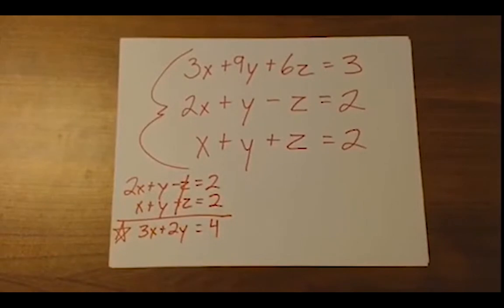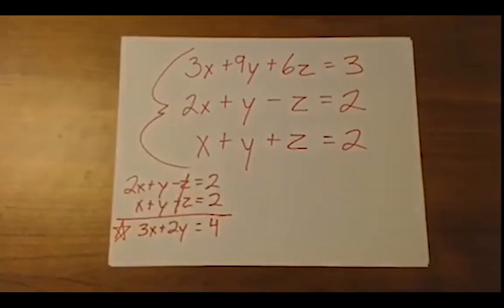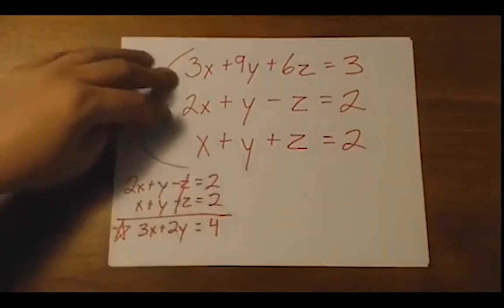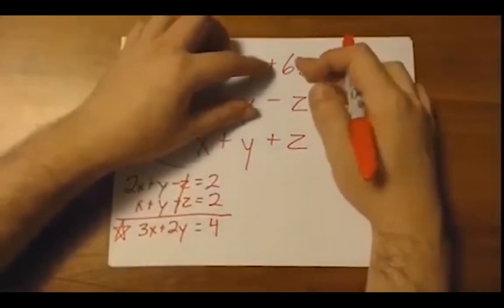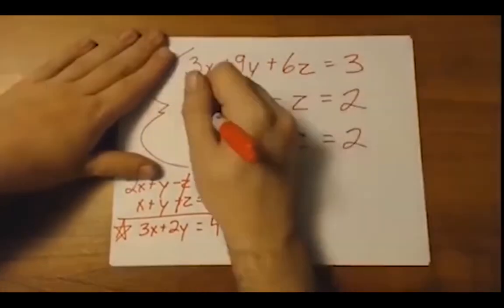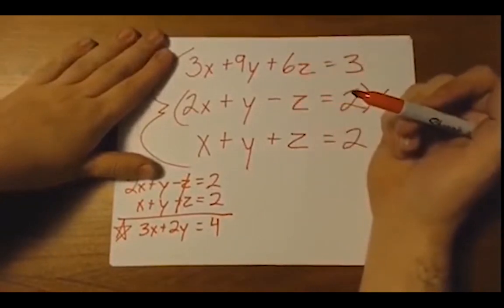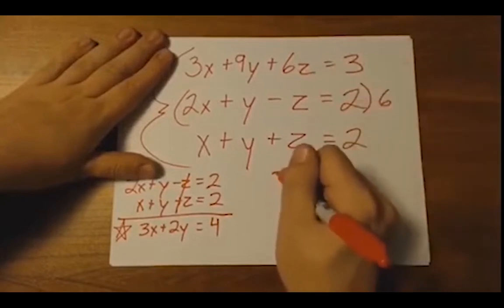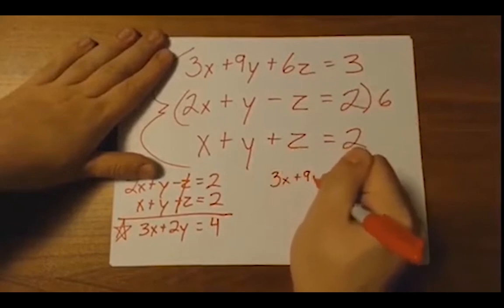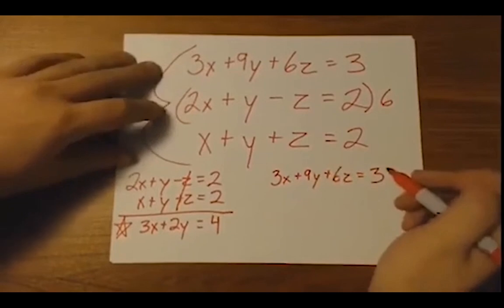I would like to eliminate z somewhere else, but I can't use 2 and 3 again. I've already used equation 2 and equation 3. So let's use 1 and 2. Because I want to get rid of z again, that has the plus minus. If I multiply this second equation by 6, I'll have plus 6z minus 6z. The z will go away. So I do that. 3x plus 9y plus 6z equals 3. Leave equation 1 alone.